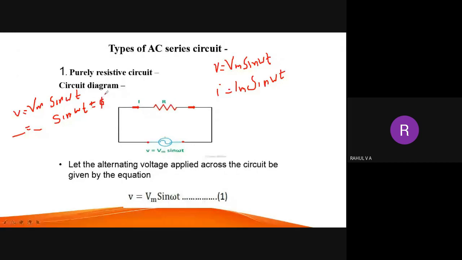If it is added, we can say that the second waveform is leading. If omega t plus phi is there, we can say that the second waveform is leading the first waveform because an angle is added.